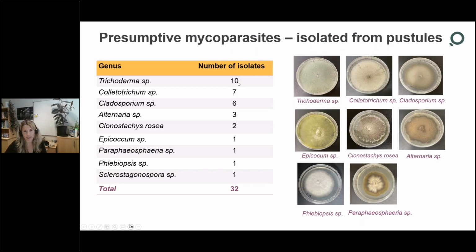So there was actually quite a large number of Trichoderma species recovered, and Colletotrichum, some Cladosporium, Alternaria, Clonostachys, Epicoccum, Paraphaeosphaeria, Phlebiopsis, and Sclerostagonospora. And she's probably going to sit with that number to move on to the next stages of her PhD, but we do have quite a few that warrant further exploration.